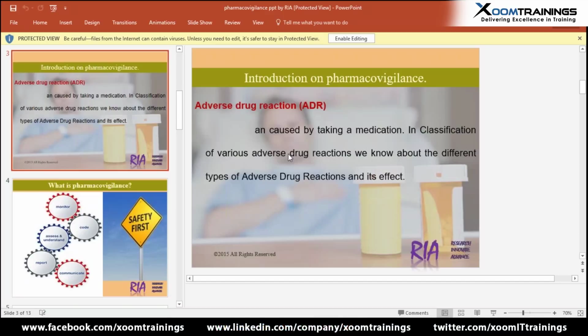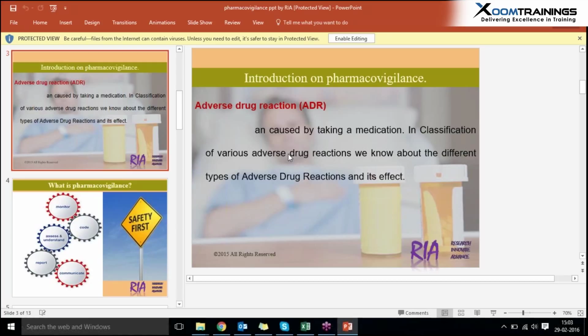We can give some introduction to adverse drug reaction. Adverse means something which we didn't expect. That means we are taking paracetamol with the intention of treating fever.